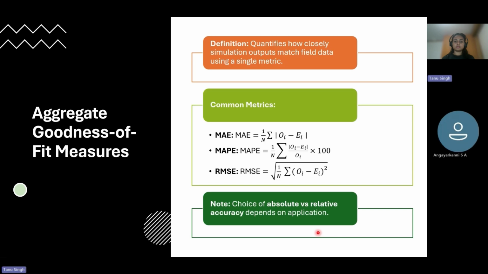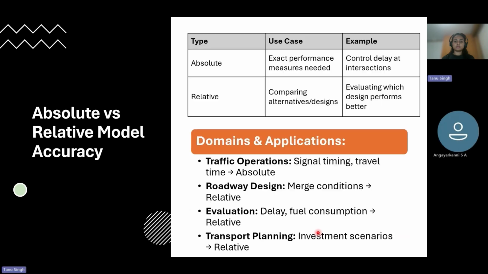These measures help us see whether the model is close enough to reality, either in absolute terms or relative to the field data. The choice of absolute versus relative accuracy depends upon the application.